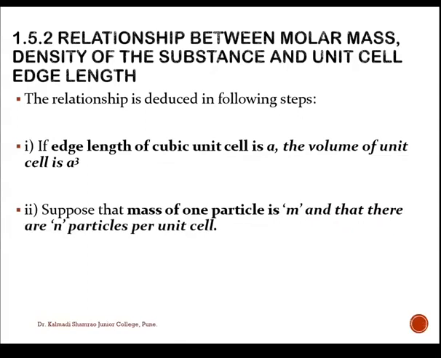Suppose that the mass of one particle is small m and that there are n number of particles per unit cell. Then the mass of unit cell will be equal to m, the mass of one particle, into n, the number of particles, that is m into n. Let this be equation 1.1.